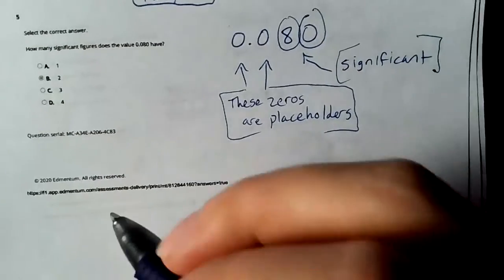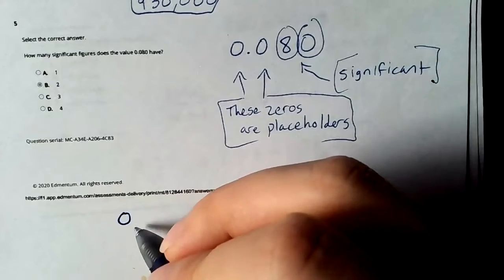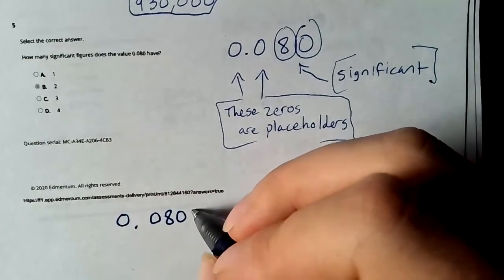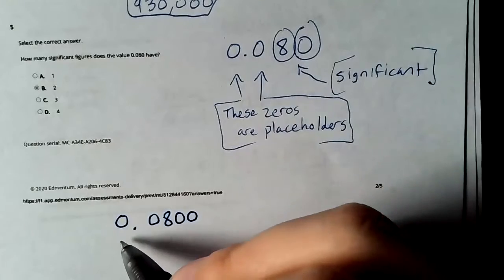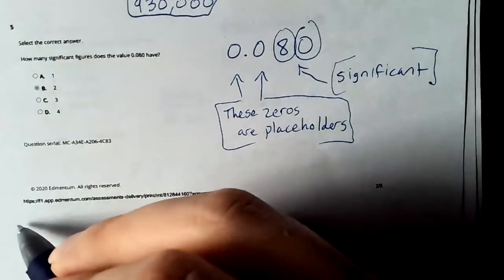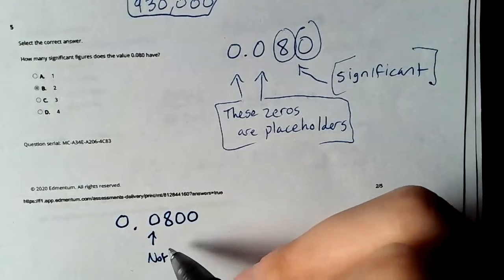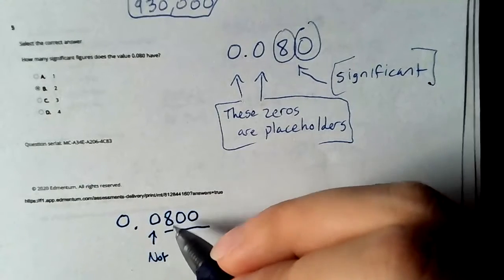So for instance, 0.0800. After the decimal point, the leading zeros are not significant, but these 3 are.